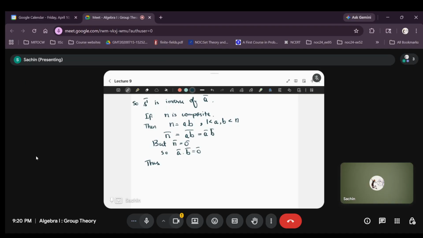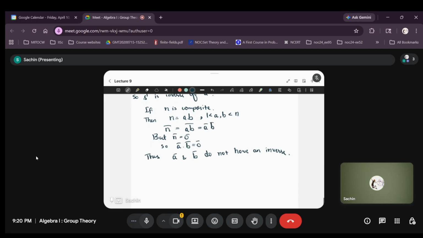Thus, a bar and b bar do not have any inverse. Because we are saying that a and b are between 1 and n.